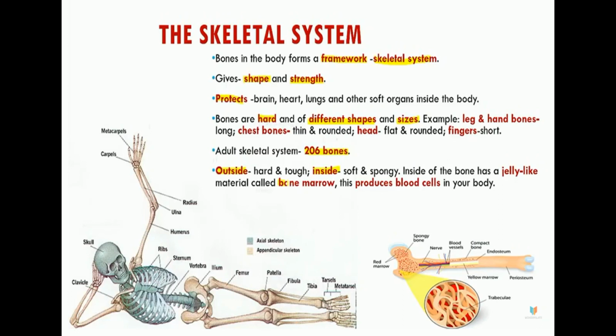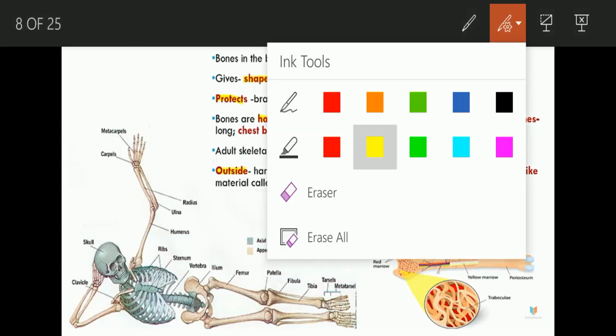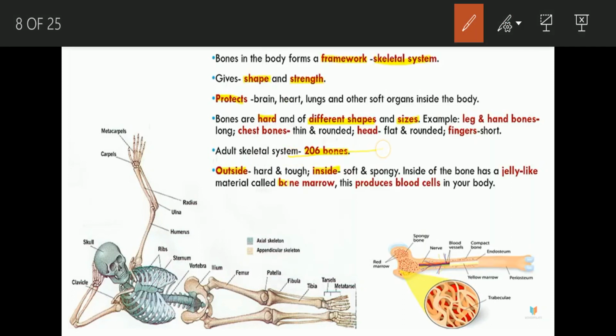These bones are of different shapes and sizes. For example, leg and hand bones are long, chest bones are thin and round, head bones are flat and rounded, but fingers are the shortest ones.